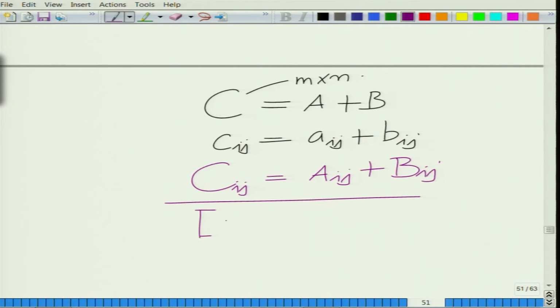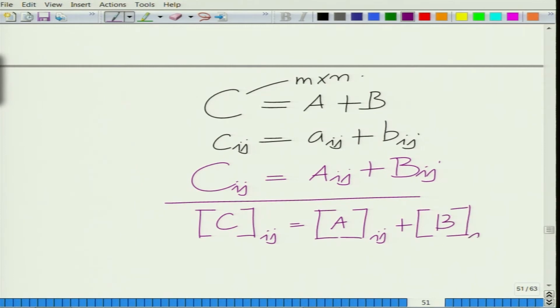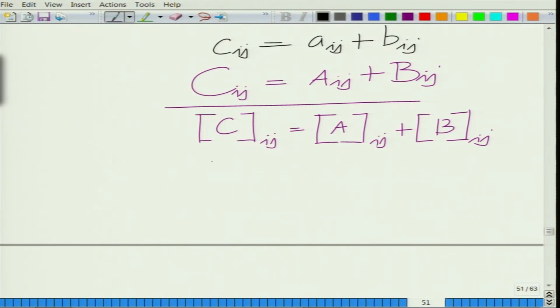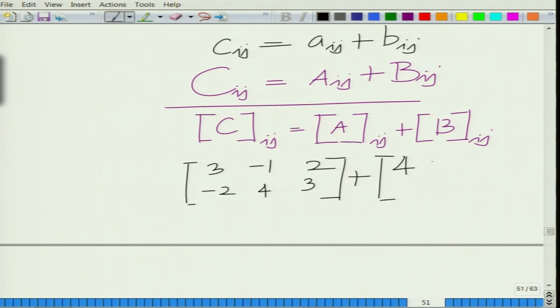And you can also write this as Cij equals Aij plus Bij and so on. Okay. Let us take a simple example. We have our matrix A, which is essentially 3 minus 1 2 minus 2 4 3, plus another matrix B, which is let us say 4 minus 3 6 2 2 minus 1.